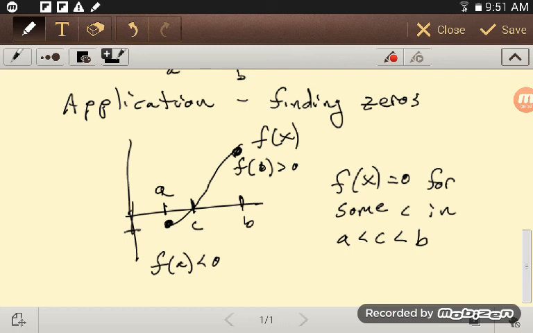If I'm trying to find places where a function is 0, once I get these two different signs for the function, I know to look somewhere in between. Now, it could be there's more than one zero, but there's at least one zero. So that's a typical application of the intermediate value theorem. Okay, we'll call that good.